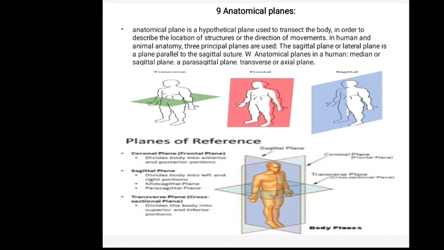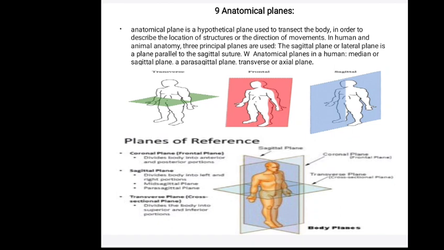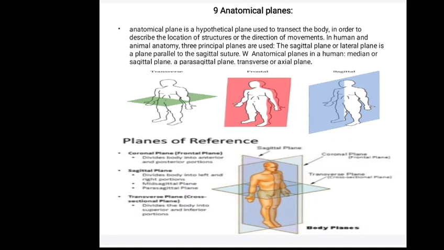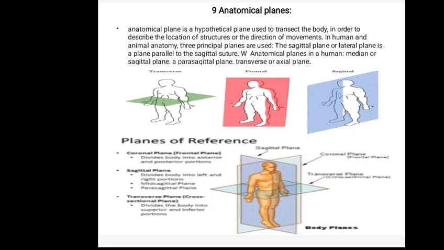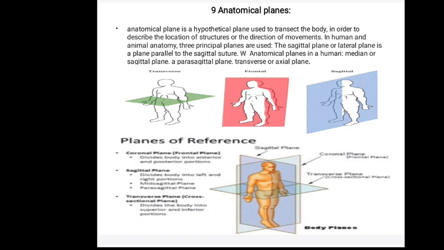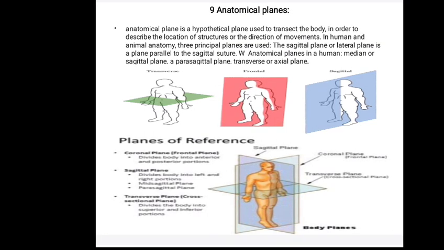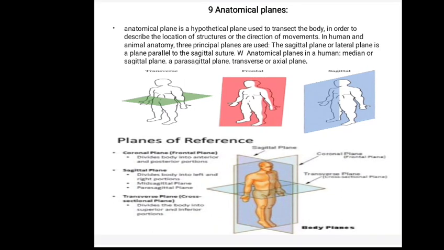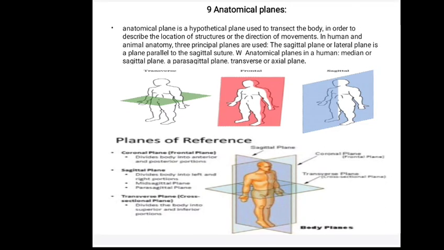Question number 9. Anatomical planes. Anatomical planes are hypothetical planes used to transect the body in order to describe the location of structures or the direction of movements. In human and animal anatomy, 3 principal planes are used.